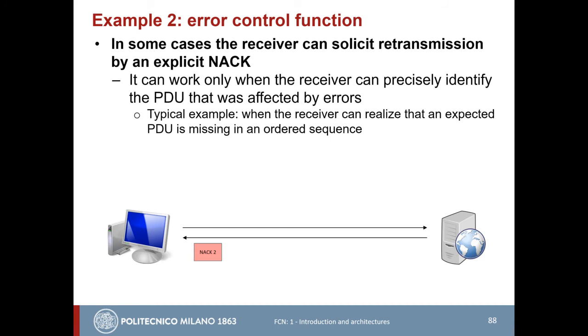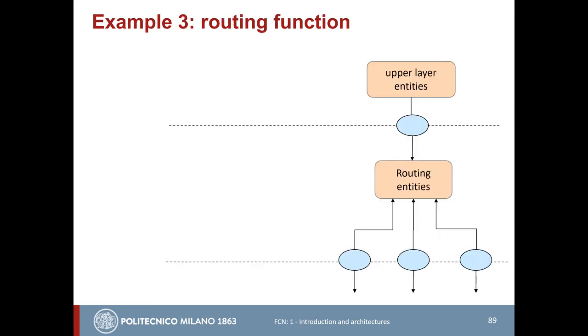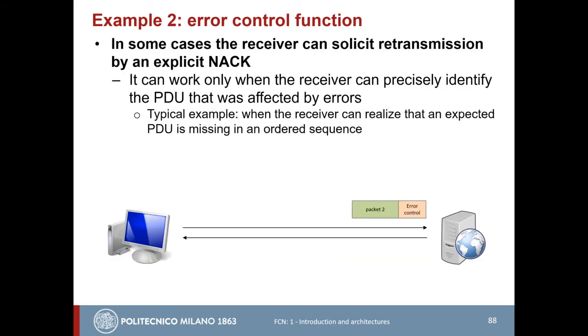By receiving a negative acknowledgement, the sender will transmit again the packet that has been lost. So this is the other function that we are introducing.